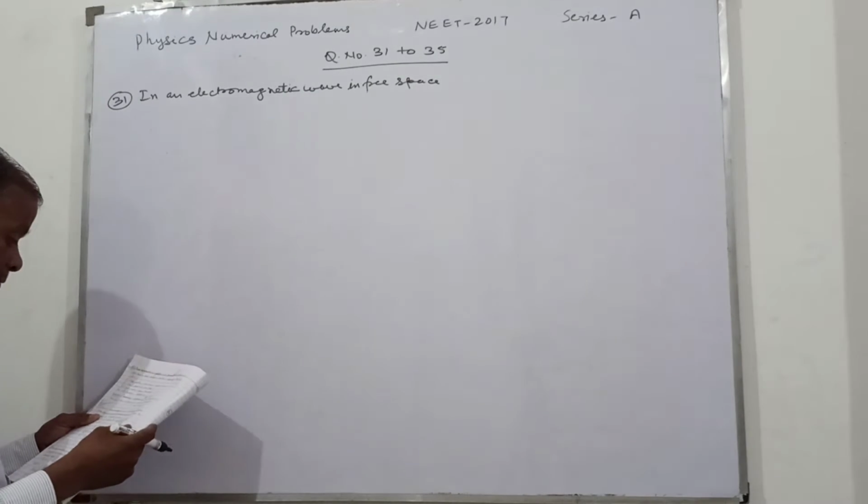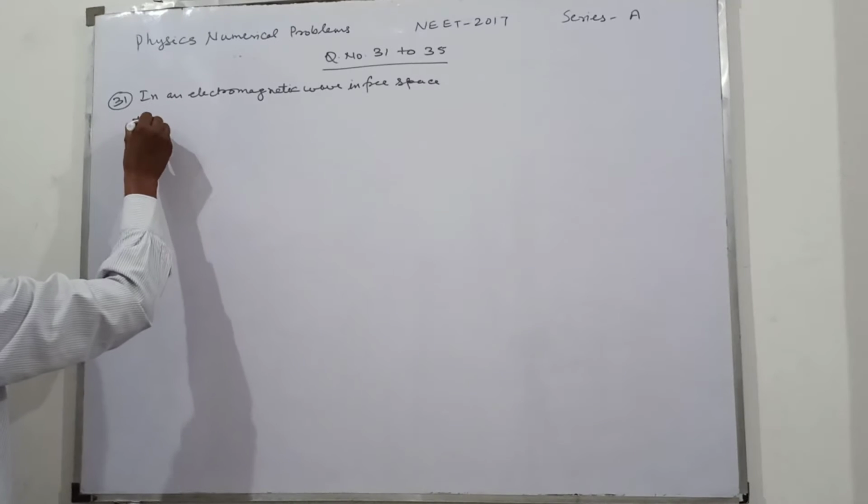In an electromagnetic wave in free space, the root mean square value of the electric field is E_RMS equal to 6 volt per meter.